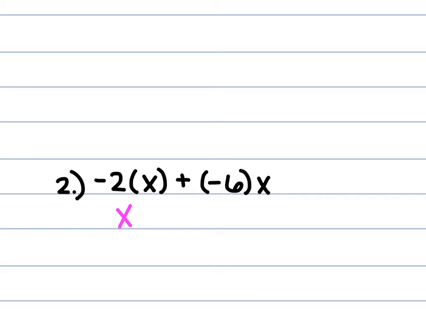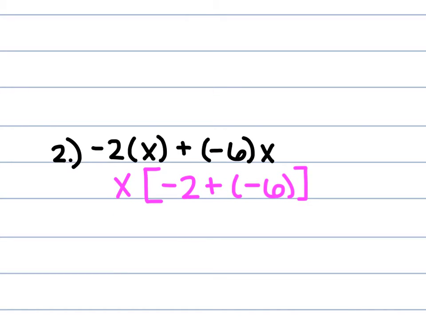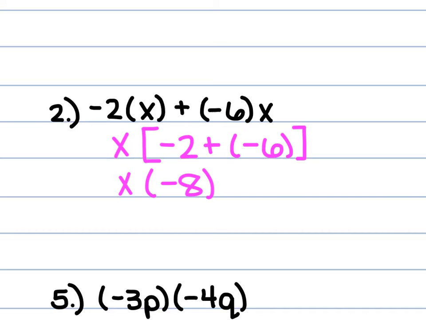Remember, this is the same thing as x times negative 2 plus negative 6. Should make these brackets. So then we can do the negative 2 plus negative 6, which gives us negative 8. So x times negative 8. And this is going to be a negative 8x.